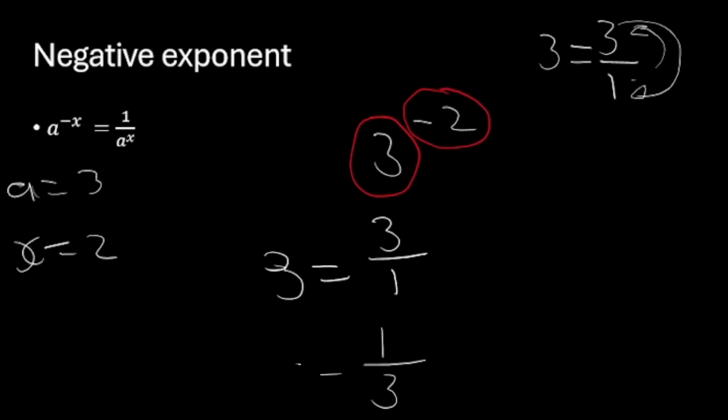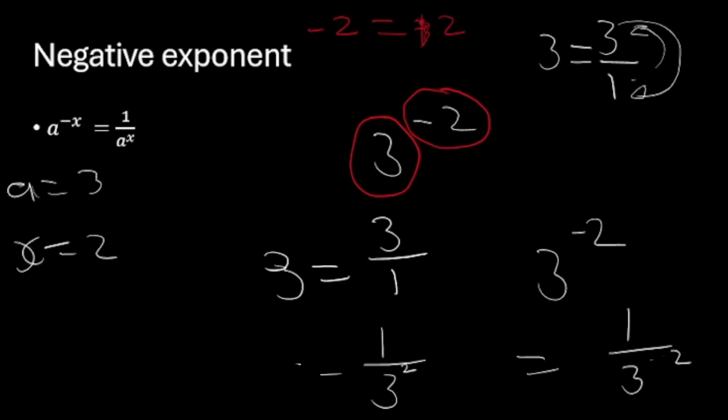When you flip the exponent, the opposite of negative 2 is positive 2. So you're going to write the positive sign here. So here, I'm going to put 2. So we flipped it. So 3 to the negative 2, when we flip it, is 1 over 3 squared.